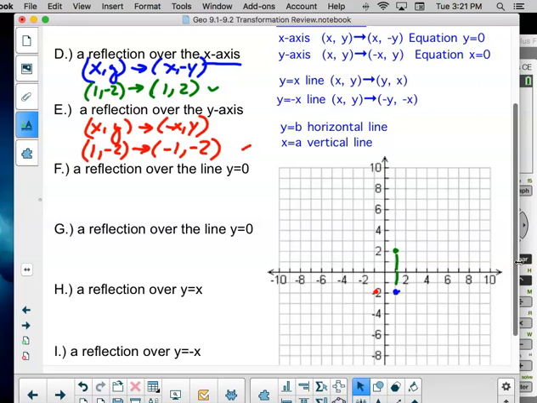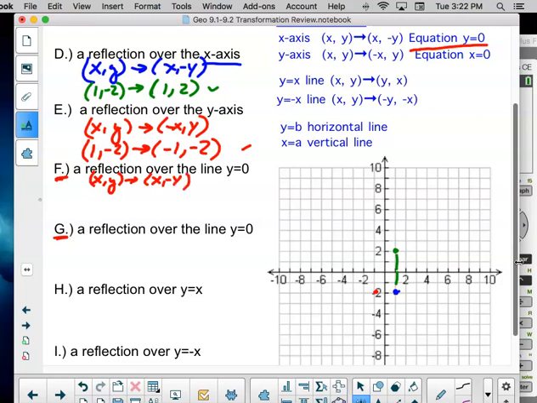Now remember, reflections lie on lines perpendicular to the line of reflection, and they're the same distance away from the axis. Now, pay special attention to these. I have them right here. y equals 0 is actually the x-axis, so it has the x-axis rule. Please keep this in mind.